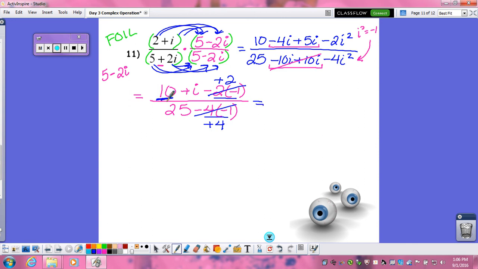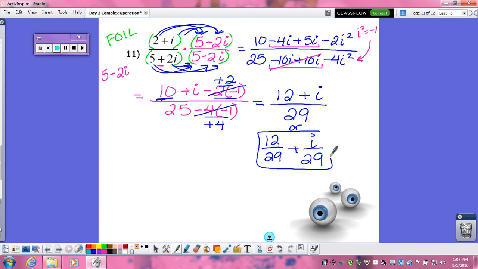So we've got a 10 plus a 2 gives us 12 plus i over 29. And again, you could write your answer as 12 over 29 plus i over 29. So either answer we will accept.